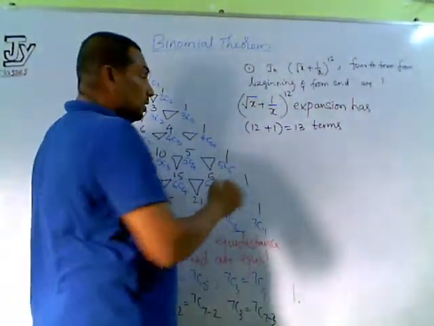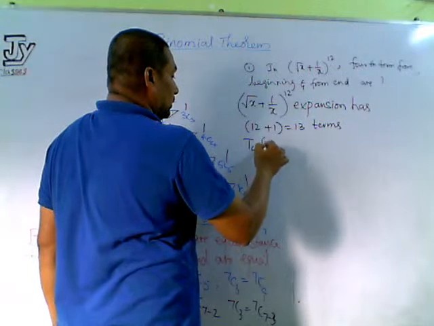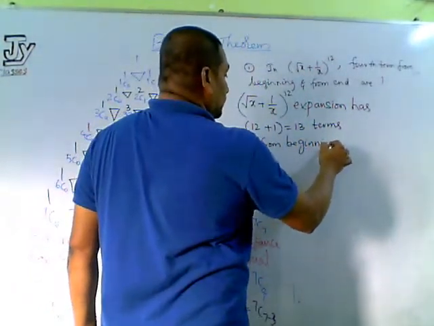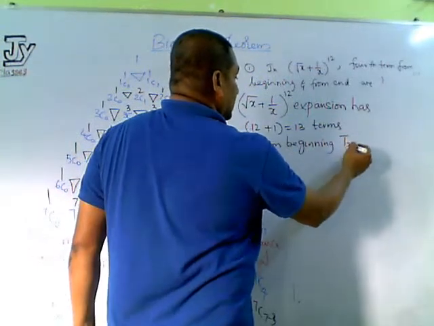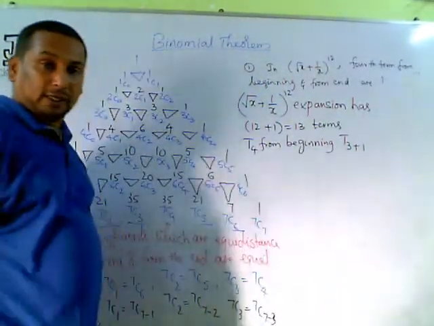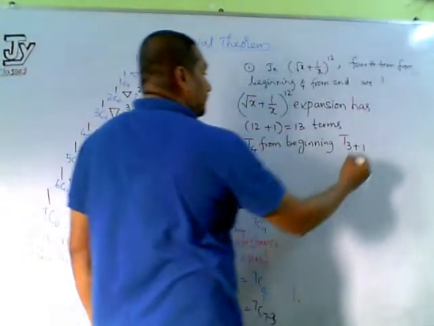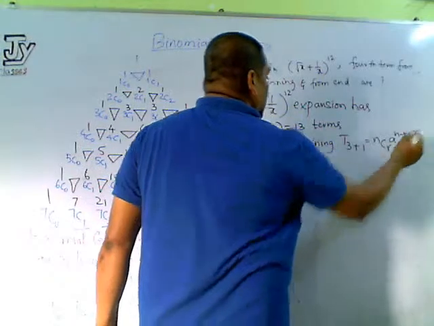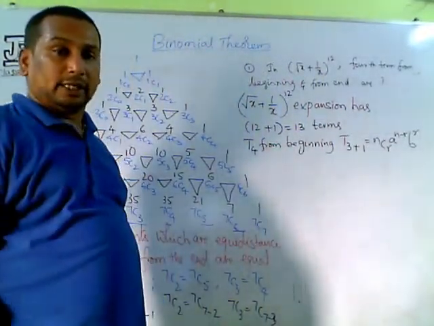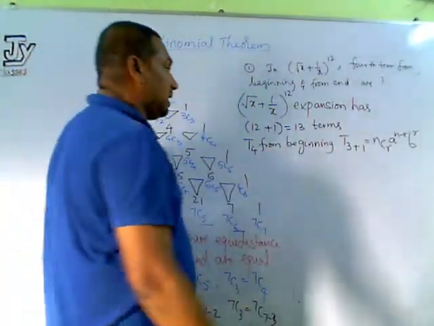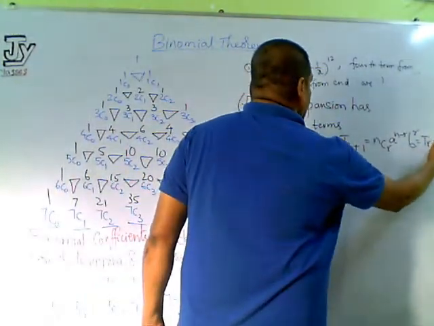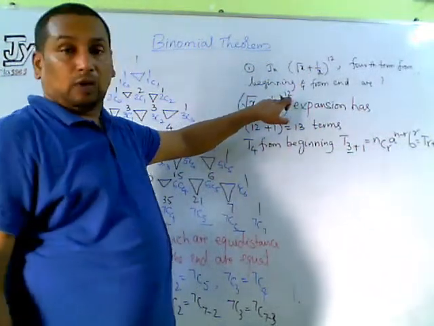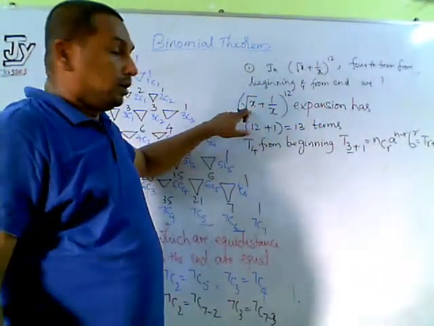So T4 from beginning, that is T3 plus 1. What is the formula? nCr a power n minus r, b power r, that is T r plus 1. What is r? 3. What is n? 12. What is a? Root x.